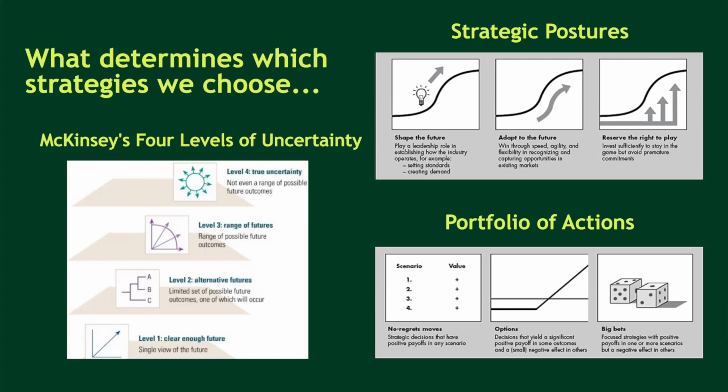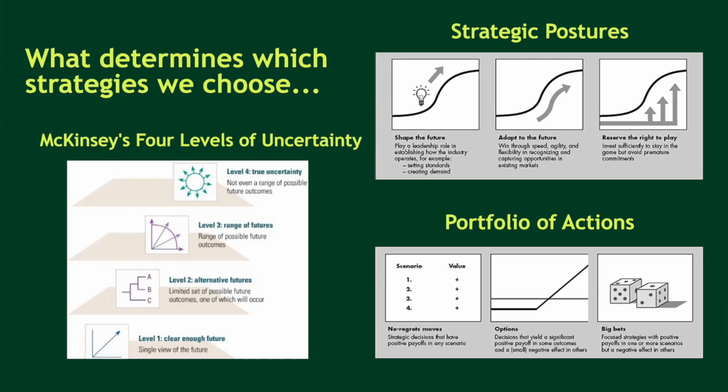Next, we have 3 different kinds of portfolio of actions that we can implement into our strategies. No regrets moves are the strategic decisions we can make confidently to secure positive payoffs after analyzing all information comprehensively, such as market trends and consumer survey.